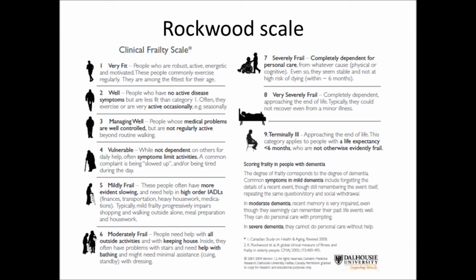Whereas somebody who's a category 7 is the sort of person who's now got a package of care coming in 3 times a day, or someone living with them to look after them. They really are dependent for personal care. And there are 2 more categories above that, as you see, 8 and 9, to define the most frail and vulnerable groups. So yes, a shorthand, and we'd like to try and use that across primary and secondary care so that we have a language to use.